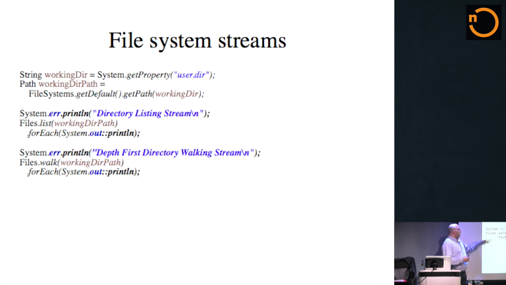For example, I'm not putting anything in between here, but inside of the forEach, perhaps you are figuring out the size of the file. Or you could have a map to an int where you take the file and calculate its size, and then you have a sum at the end and you calculate the size of all the files in a particular directory, as an example.